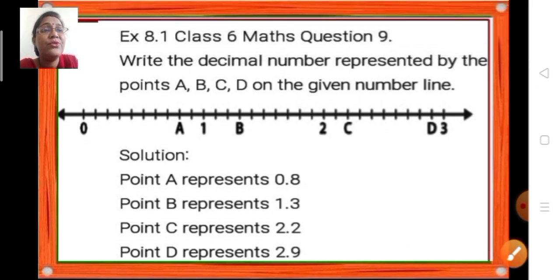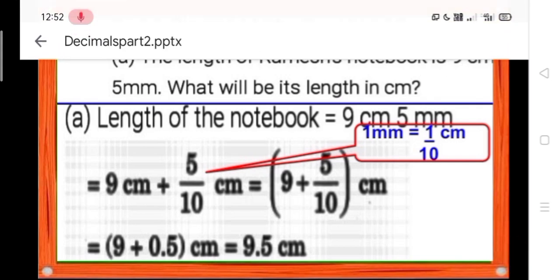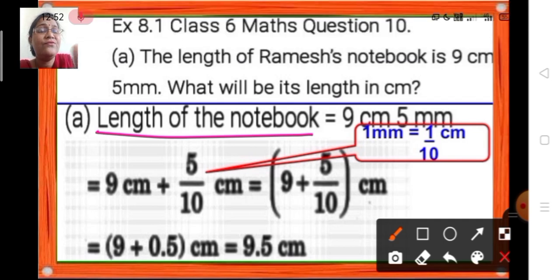Next, we will move on to the last question of exercise 8.1, and its first sub question is: the length of Ramesh's notebook is 9 cm and 5 mm. What will be its length in centimeter? What is given to us is the length of the notebook, which is 9 cm and 5 mm.